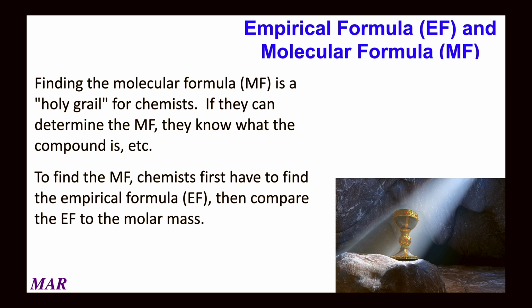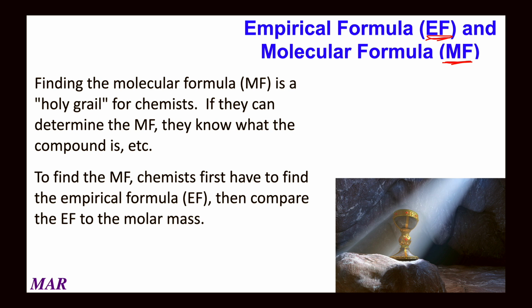What's in the sludge? I don't know, but the chemist can figure this out, all right? And it's kind of a wild process. But in order for the chemist to tell you what it is, they first have to find the empirical formula. So notice the abbreviations, all right? We're going to use EF for empirical formula and MF for molecular formula.